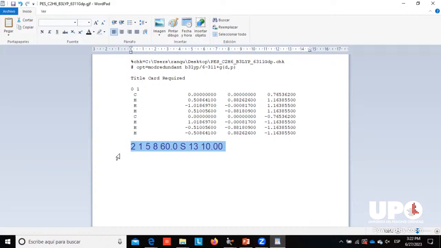The starting angle is 60. I think we can delete it. So it will use just the angle of the optimized geometry. S indicates scan. So the program will scan that coordinate. And then we will do 13 steps, changing 10 degrees each step, okay?